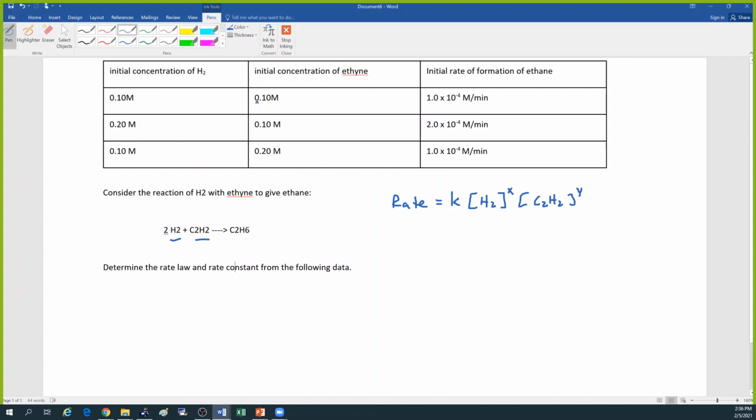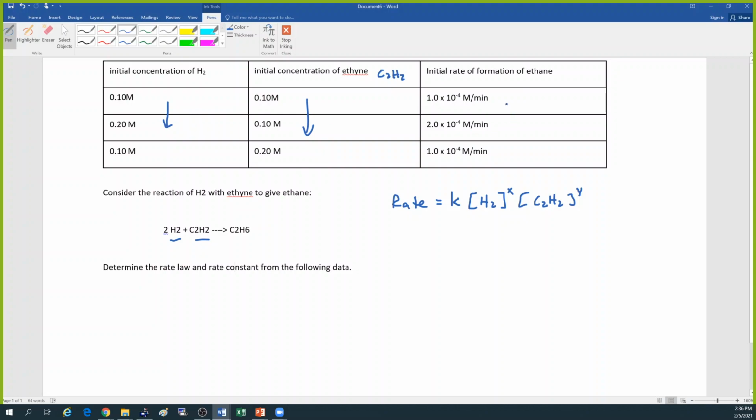So you'll notice here I have 3 experiments. And you'll notice that going from the first experiment to the second, what's happening to the C2H2, which is this one? It's being held constant, right? But the concentration of hydrogen is doubling.